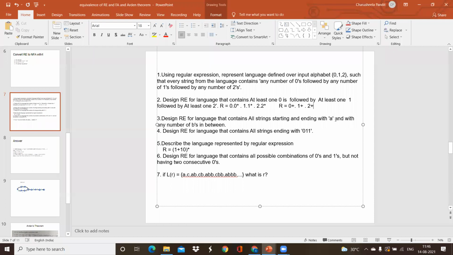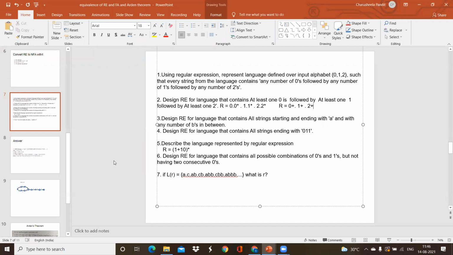Ma'am, it will be A dot B star dot A. Correct. And if I say it should start with A, end with A, and in between there should be at least one B? Then, ma'am, A dot B plus dot A. Correct. So I guess the rest you can do.